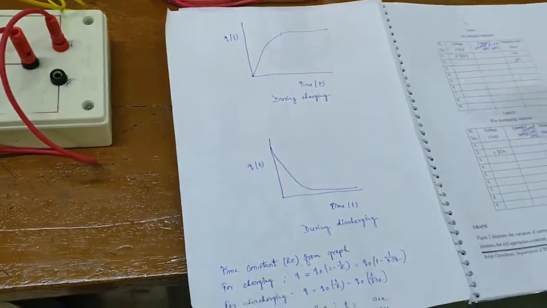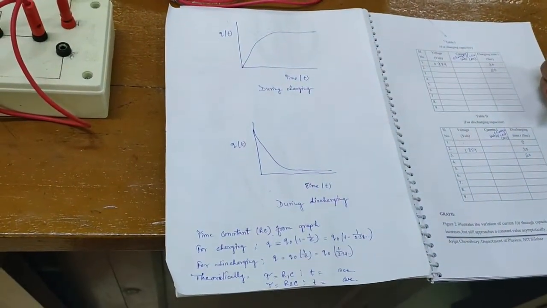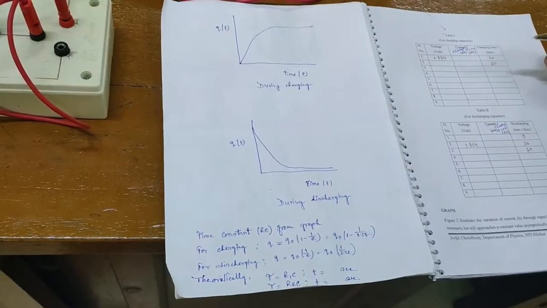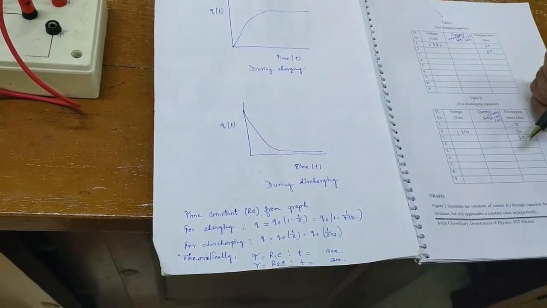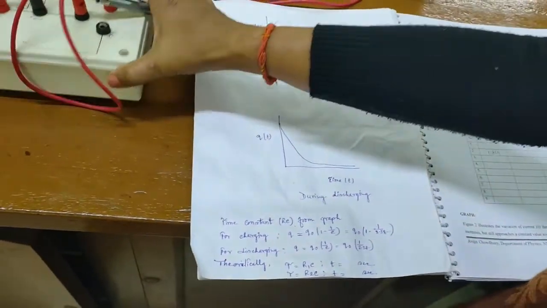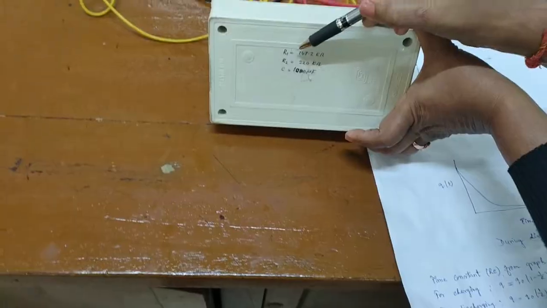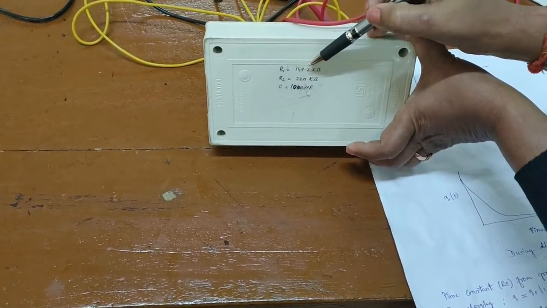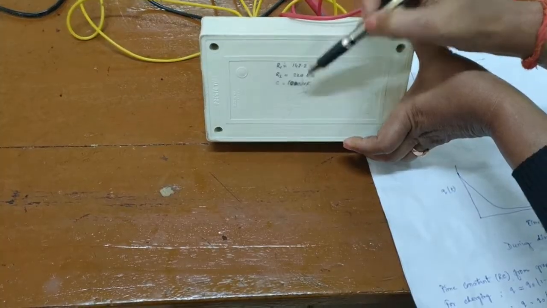So after plotting the graph, our next aim is to find the time constant. For finding the time constant, the formula is tau equals RC. Here, in the capacitor box, below the box you see the R1 value given there as 147.2 kilo ohm, and R2 is 220 kilo ohm, and the C value is also there.